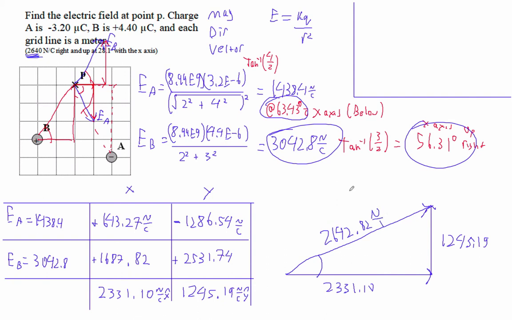And then this angle is going to be tan minus 1 of 1245 divided by 2331. Okay, so tan inverse of that guy divided by this guy. That's 28.1 degrees. There we go.